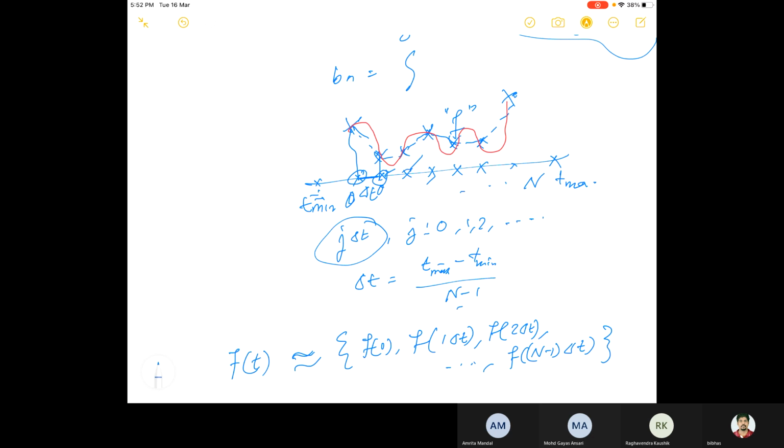How many function values should you know so that you can reconstruct the original signal? And there is a criterion for this.